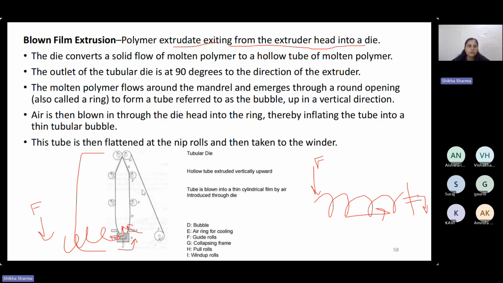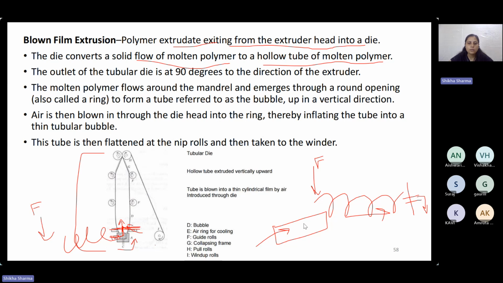The die converts a solid flow of molten polymer to a hollow tube of molten polymer. Initially, when the polymer comes out of this die, it will be solid. But air will also go in from this ring. Here is a ring and here the polymer is coming.